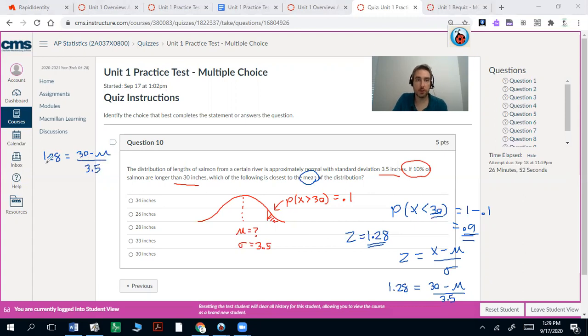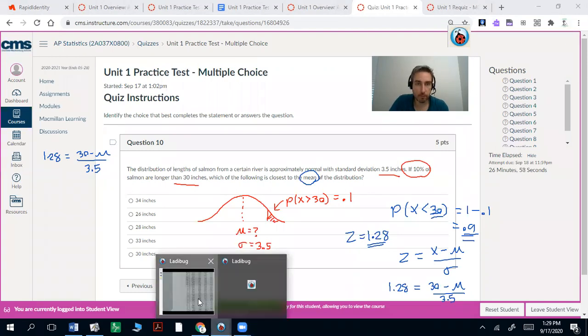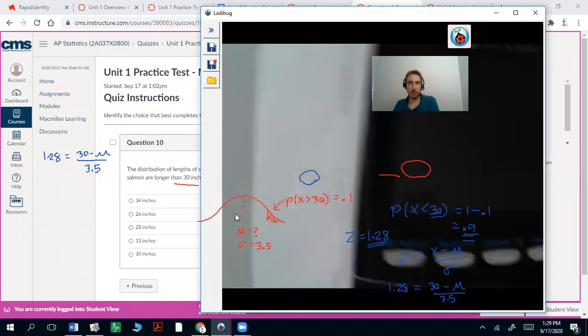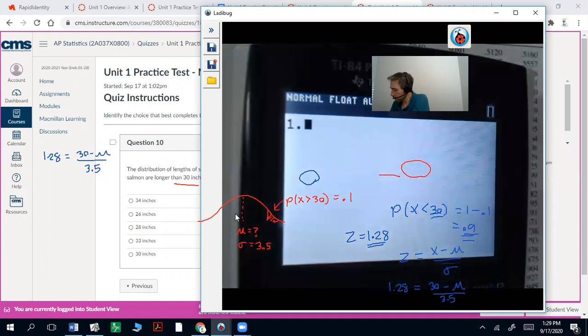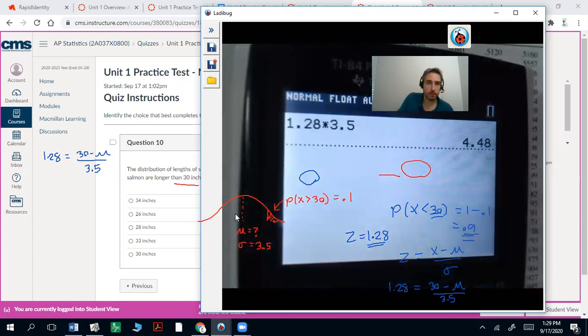So I would solve this first by multiplying by 3.5. So that's going to be 1.28 times 3.5, which is 4.48.